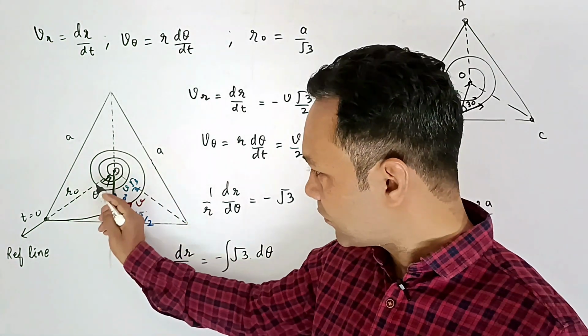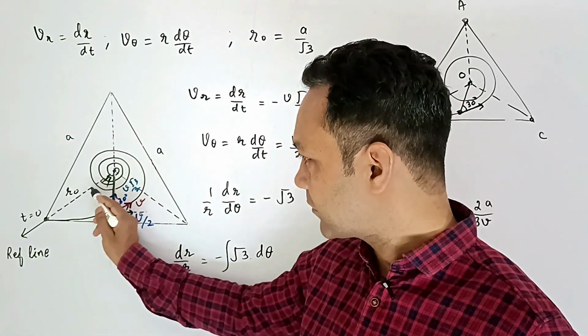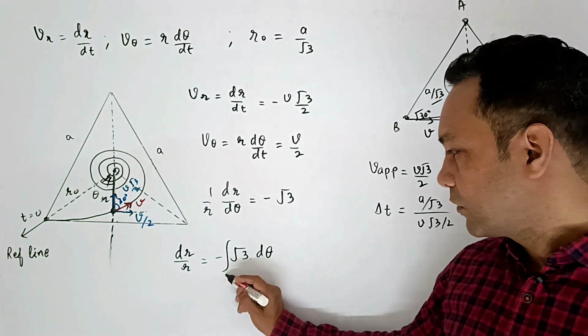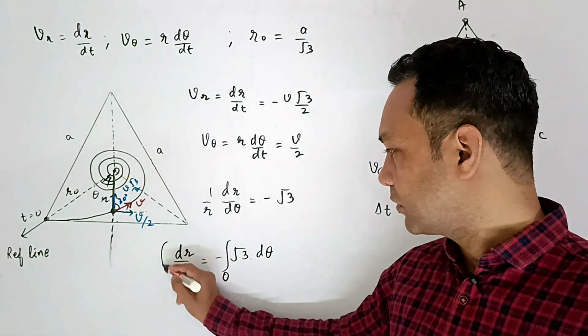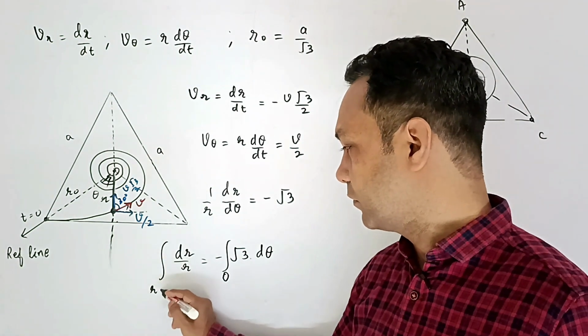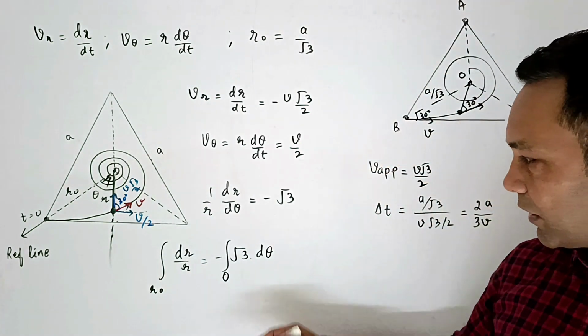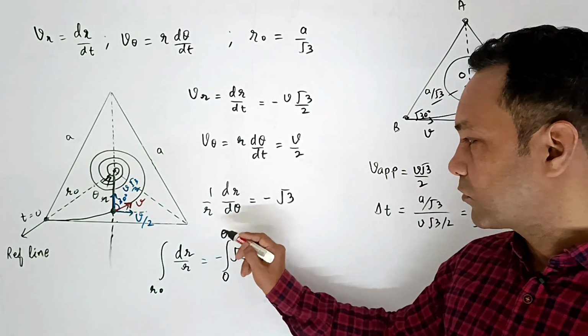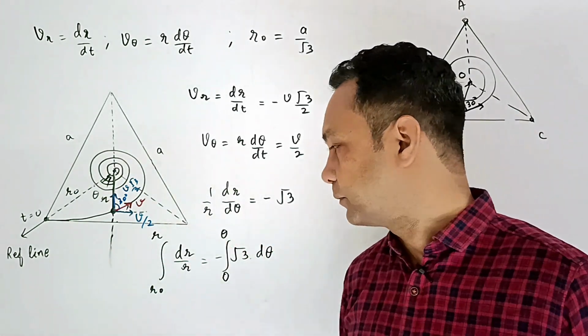I am measuring theta from this reference line. Initially theta was 0 and r was r naught. So at theta equal to 0, r is r naught, and when it has rotated by angle theta, r has become r.